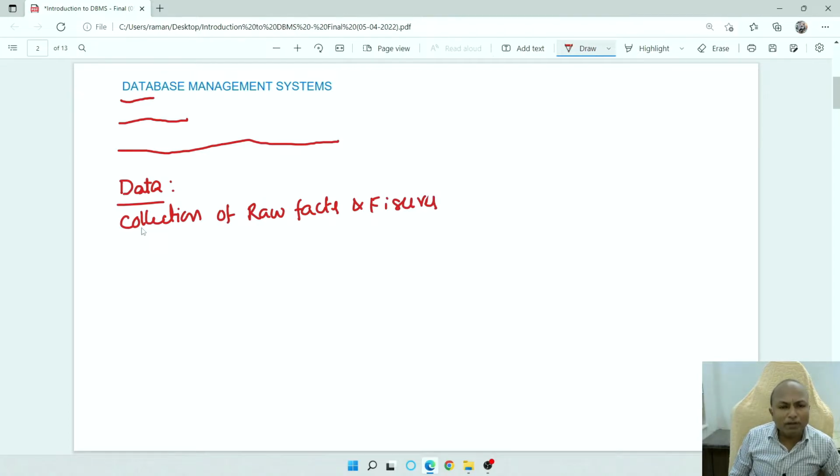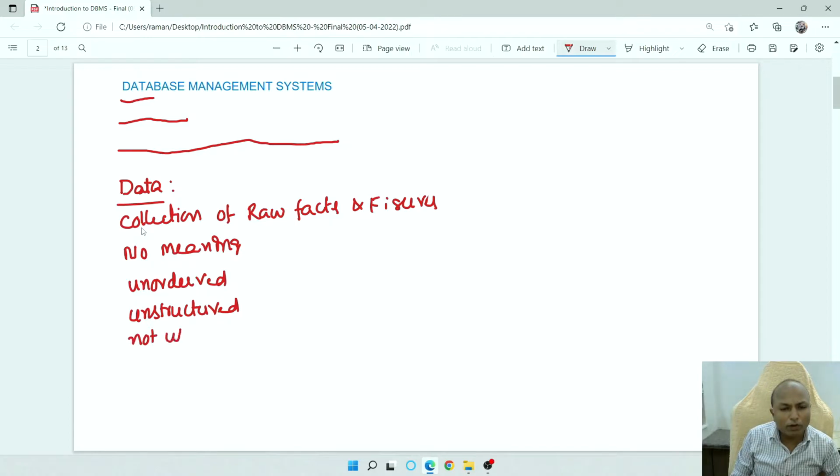And this particular raw facts, there is no meaning. This data is unordered, it has no structure, it is not useful in this raw form.